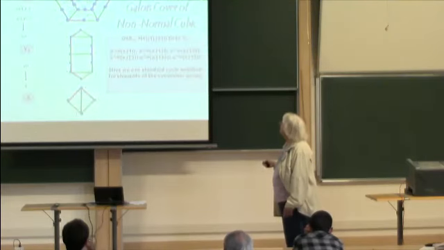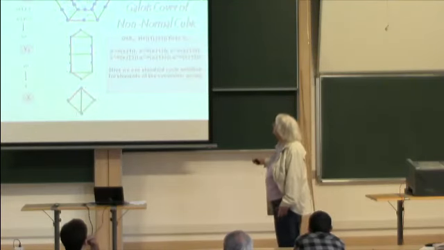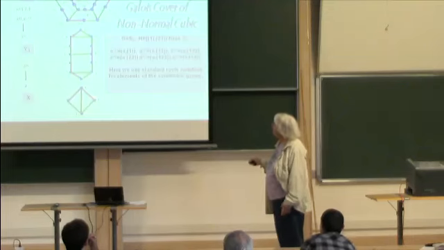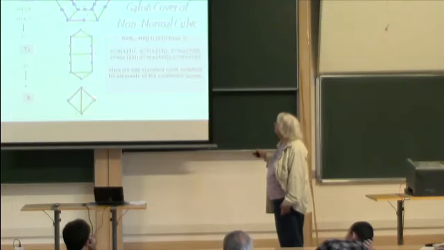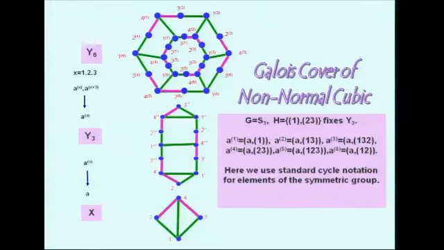Here's a more interesting example where I've got a non-normal cubic cover. That's this guy, and I've taken one edge off the complete graph with 4 vertices. This is not a Galois cover, but it sits in a Galois cover, which has Galois group S3.